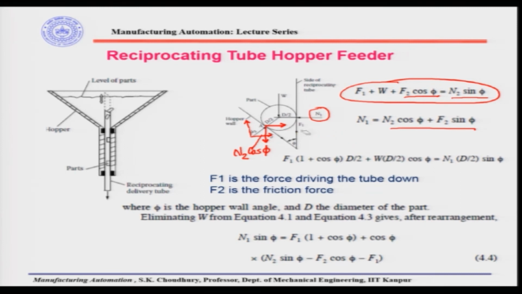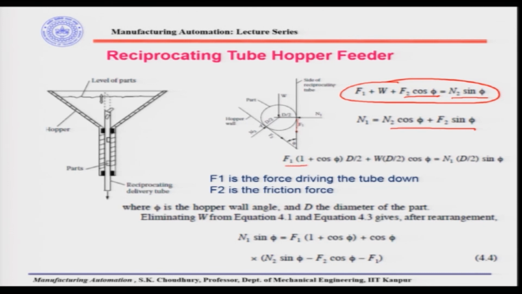Now, let us say this is the point A. About that point, all the moments that are being produced, let us say F1 is carried over up to this. So, this will be F1 into d by 2 plus, from here it has to go here because about the point A, plus F1 cos phi into d by 2.